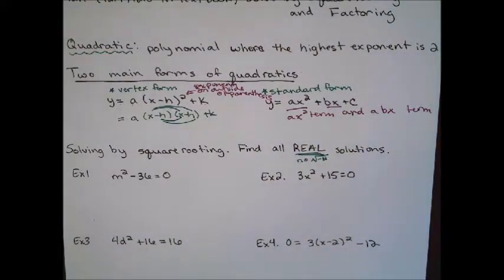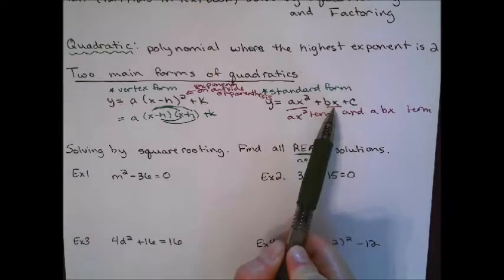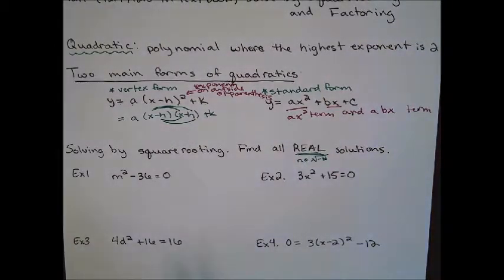So let's look at example 1. When we're solving in this format, I want you to notice that we don't have that bx term, that middle term. So we can go straight to undoing our equation. When we undo these, I want us to think of undoing PEMDAS.